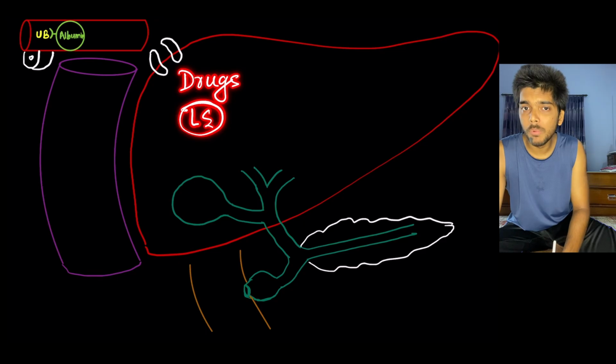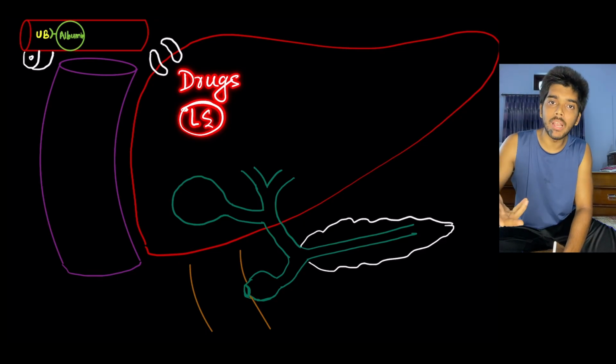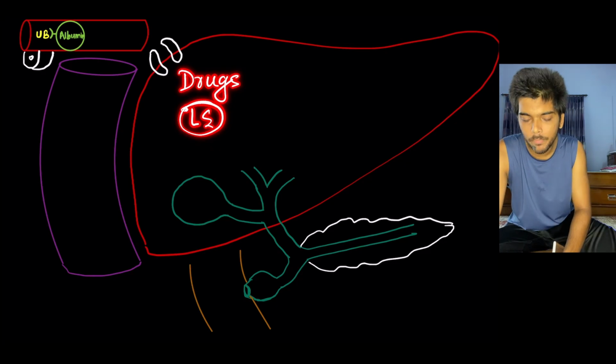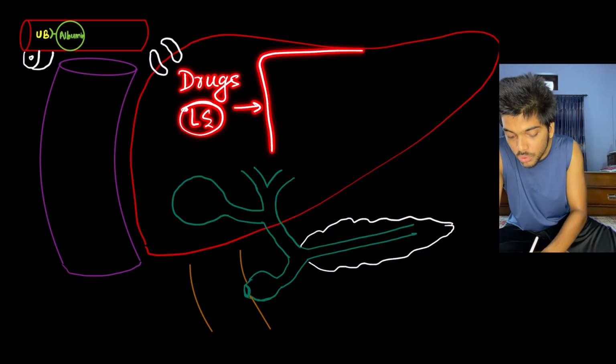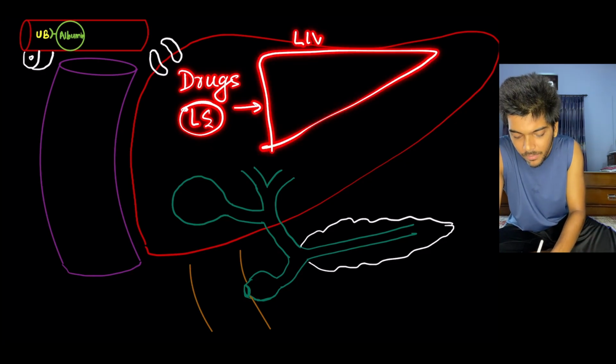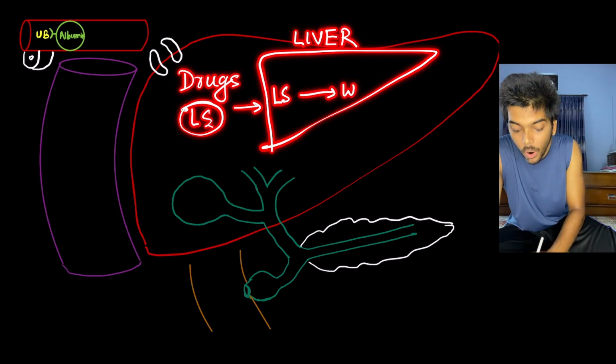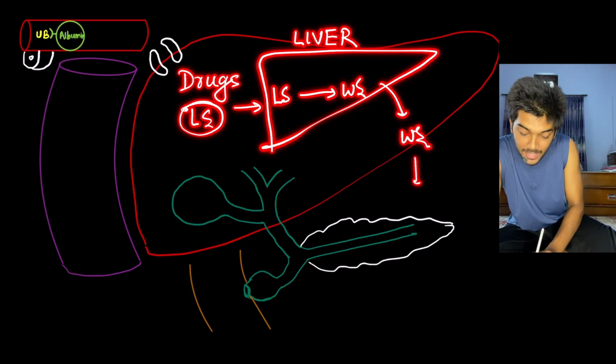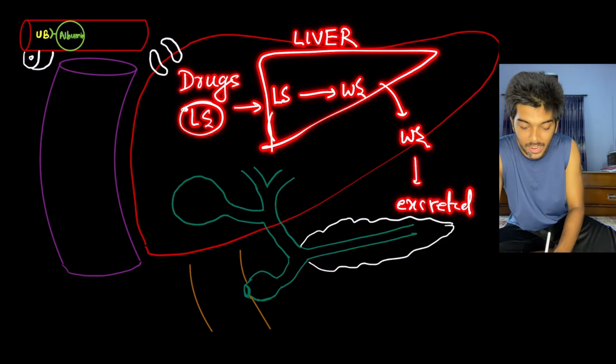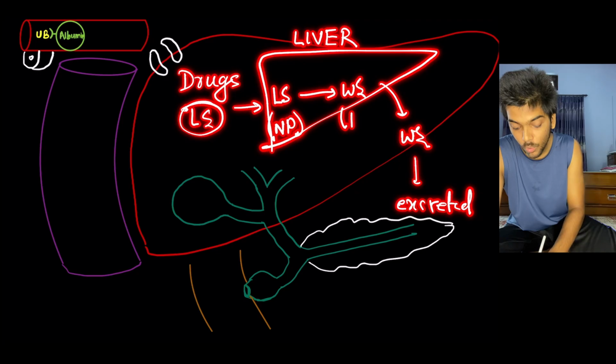Once these lipid soluble drugs have been used, they can't get excreted out. First, they need to go through the liver, where they get metabolized, so that the lipid soluble drug is converted to a water soluble drug. And then this water soluble drug can get excreted. The lipid soluble drug is non-polar, and the water soluble drug is charged or polar.